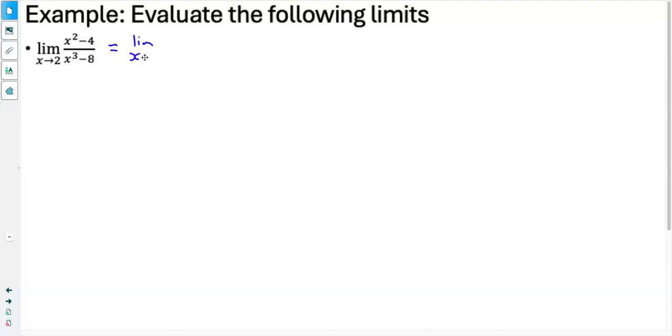So this will equal the limit as x goes to 2 of the derivative of the numerator, which is 2x, over the derivative of our denominator, which would be 3x squared. Now, in this case, we're no longer going to 0 for either one of them. So that would be 2 times 2 over 3 times 2 squared. And that gives us a limit of 1/3.